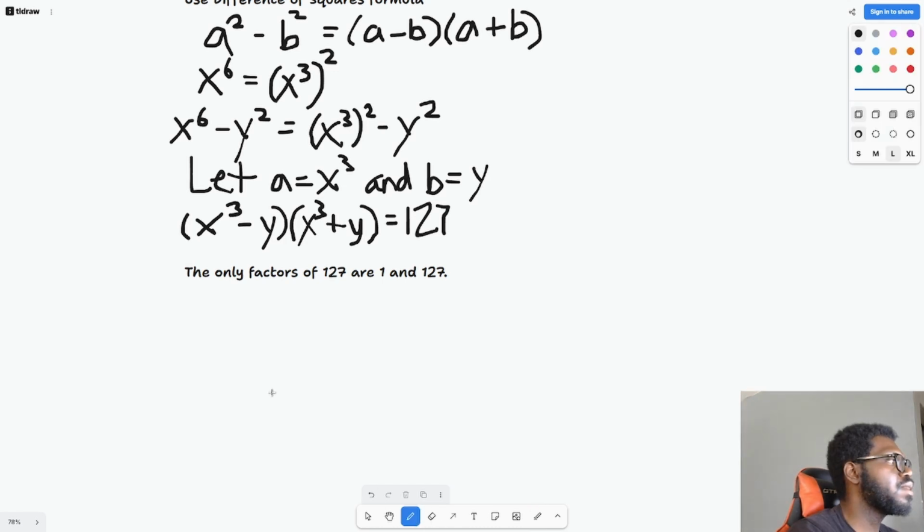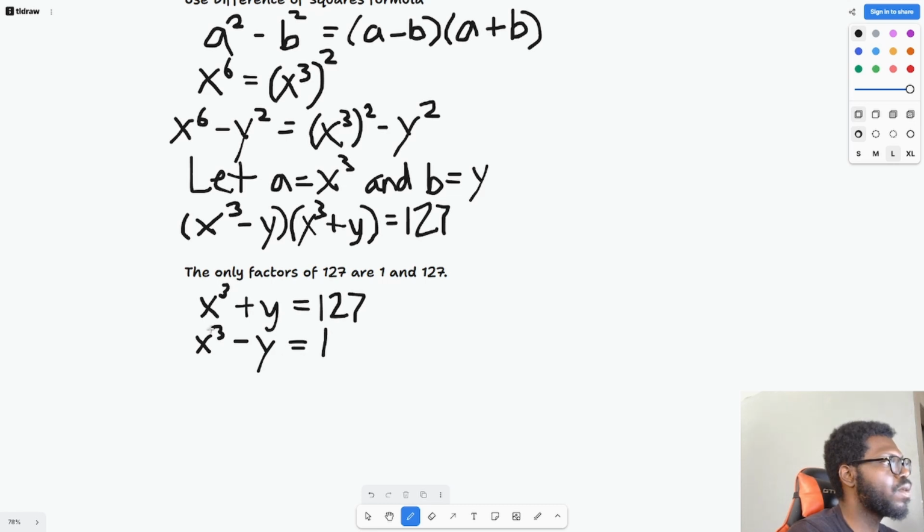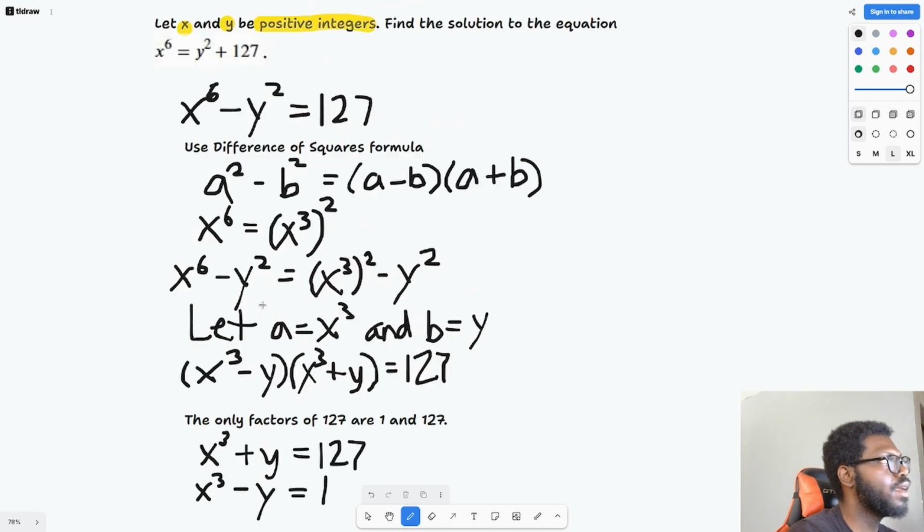If we think about this, we can see that x cubed plus y is going to be equal to 127, and that x cubed minus y is going to be equal to 1. The reason we know this is because x cubed plus y cannot be equal to 1. And again, that's because x and y are positive integers.